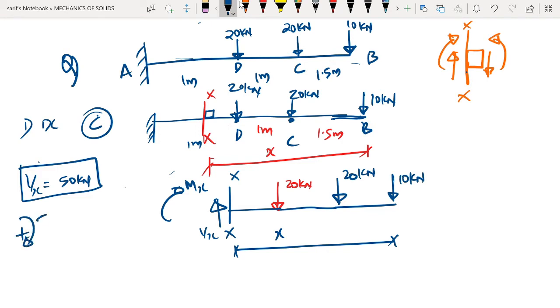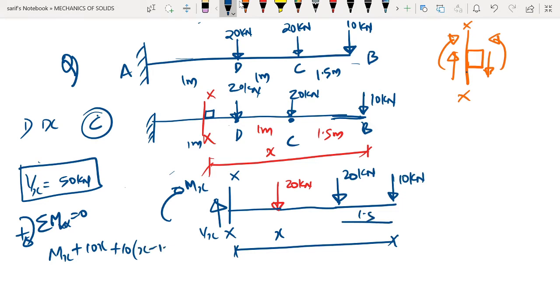The second expression we can have is, if we take moment about the section XX equal to 0, Mx plus 10x, where 10x is the moment produced by the 10 kilonewton force, plus 20 into (x minus 1.5). The first 20 kilonewton load is at a distance of x minus 1.5 from the section XX.